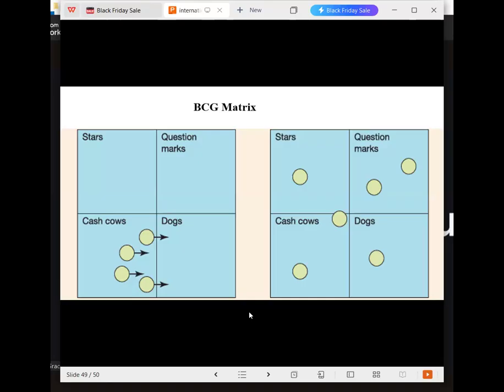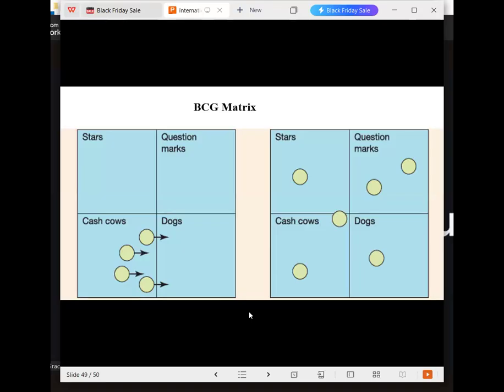And for you to enter that country, you have to think of where the resources to support that particular country will come from, investing successfully in that market.